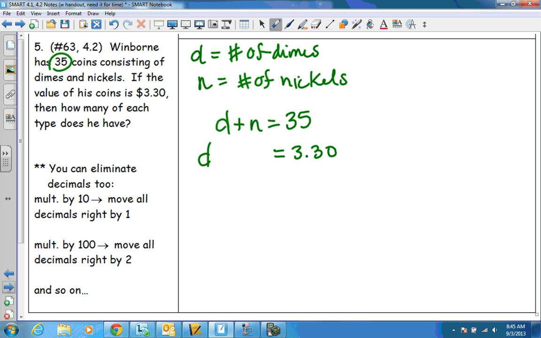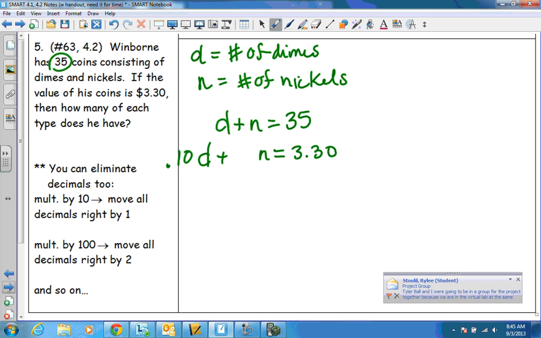How do you write 10 cents? 0.1 or 0.10 if you want to. Plus, how do we write the price of a nickel? Please tell it to me correctly. Think about it. 0.05. Not 0.5, that's 50 cents. Okay, 0.05. So now it goes solve.